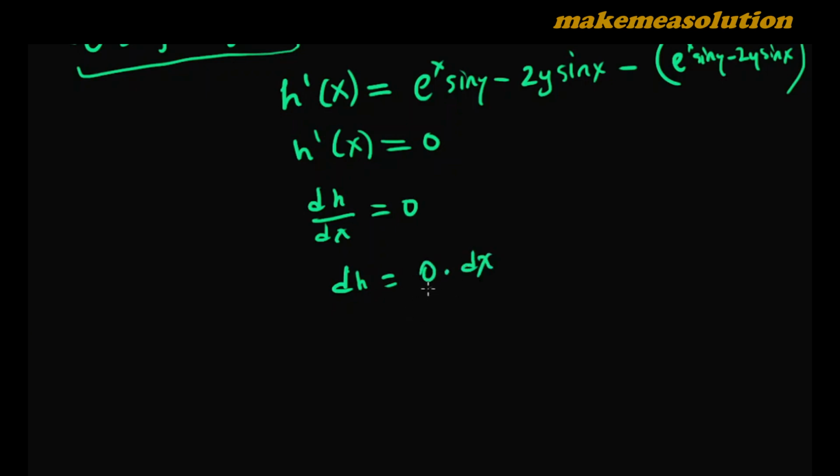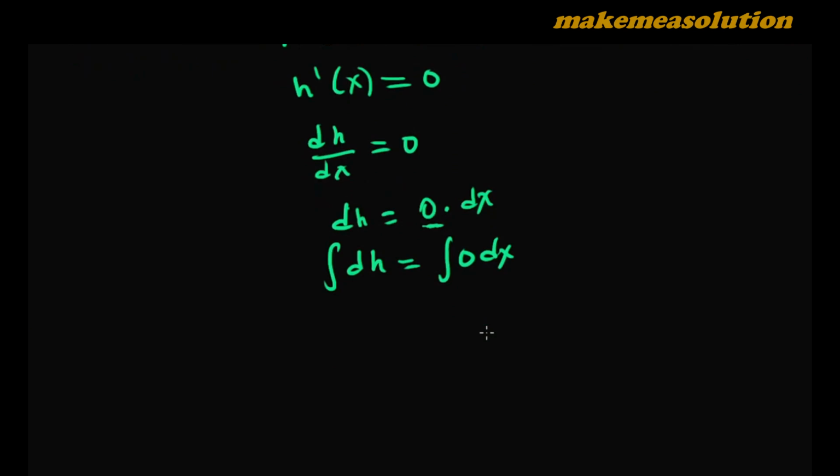So this 0 dx, when I'm treating it like this, I'm not going to actually multiply directly, because I want to integrate. So you're not going to multiply 0 times dx to get 0. No, you just want to integrate it now, for integration's sake. So when we integrate dh, we are going to get h of x, and when we integrate 0, we'll get a constant.